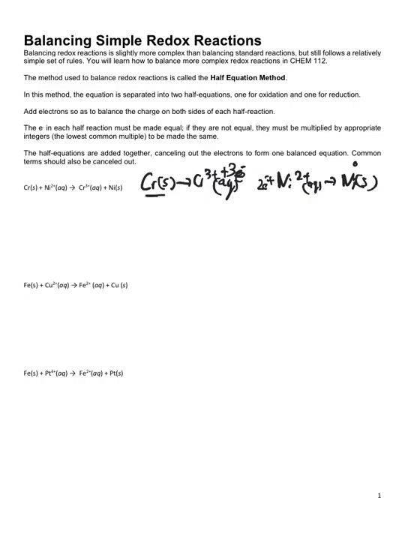So now we've got our two half reactions. Remember the mnemonic: LEO the lion goes GER. The first one, the chromium, is my oxidation half reaction. It's losing electrons. The nickel is gaining them. It's my reduction.